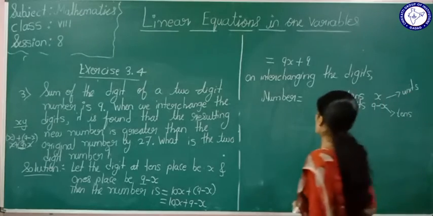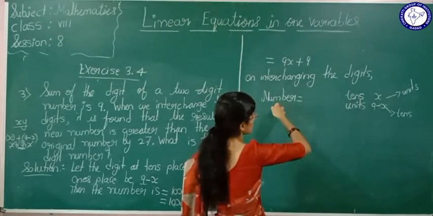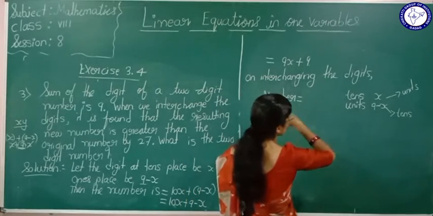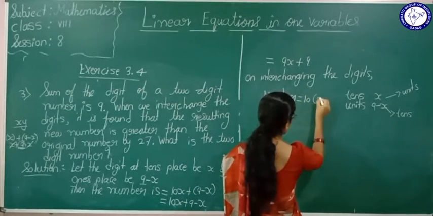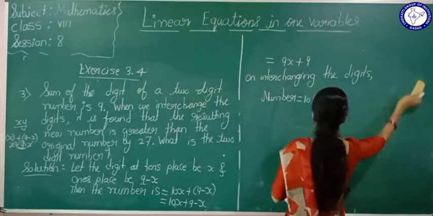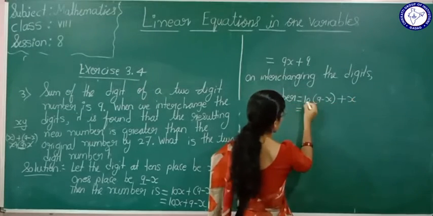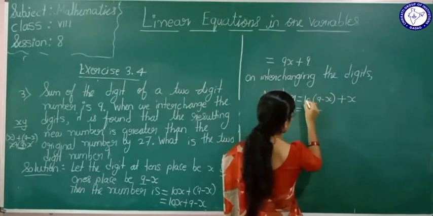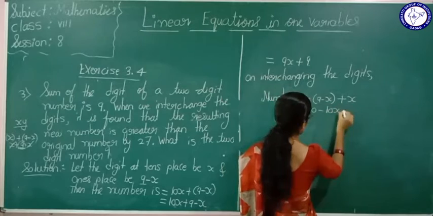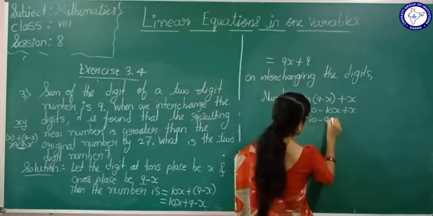So the new number is 10 multiplied by 9 minus x, plus x. Solving this: 10 nines are 90, minus 10x plus x, is equal to 90 minus 9x.